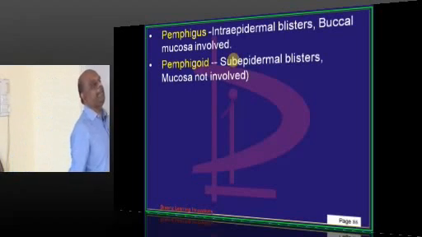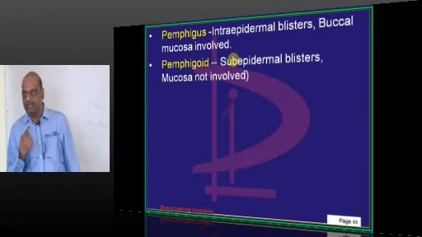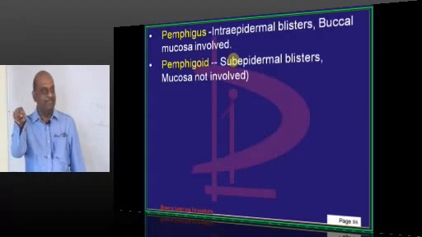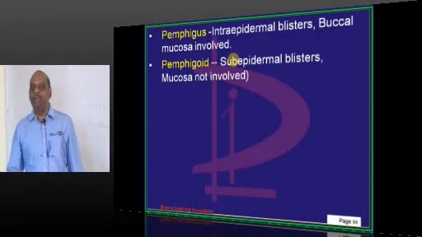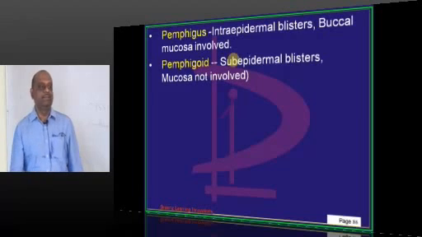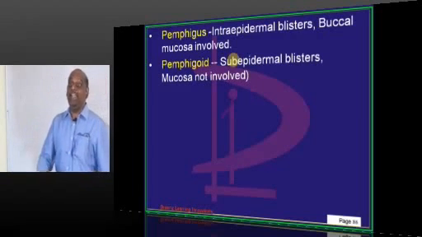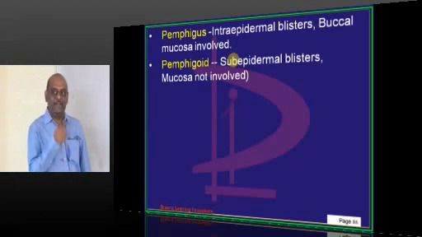So how will you remember it is intraepidermal? Pemphigus vulgaris is involving what? Mouth. What is there inside the mouth? There is a childhood rhyme: Johnny, Johnny, yes papa, eating sugar, no papa. What is in your mouth?